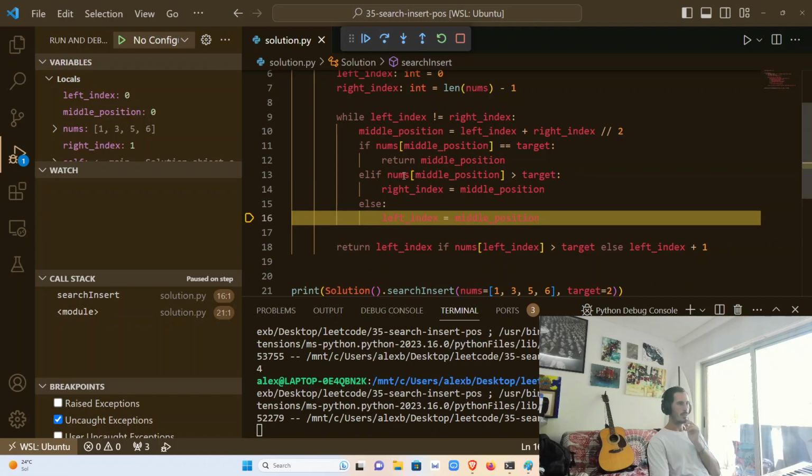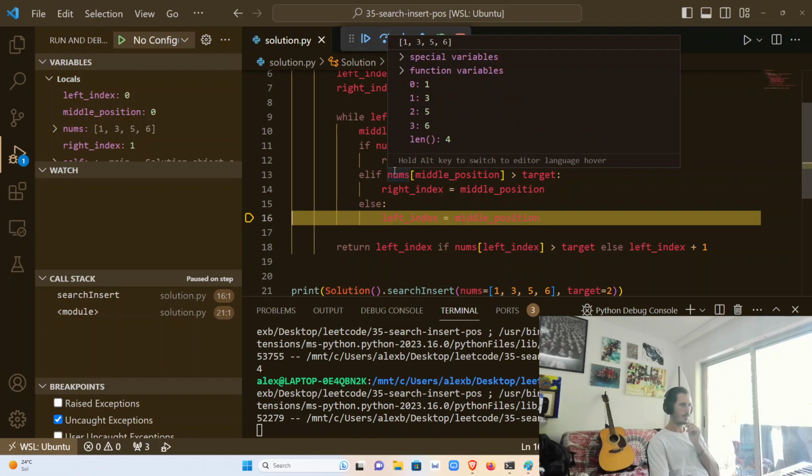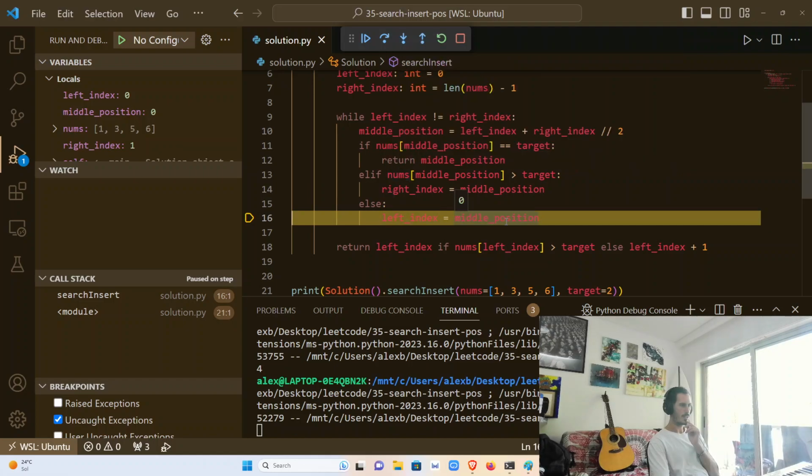So the nums of the middle position, which is 0, 1, is smaller than 2. Therefore, left index equals middle position. And it stays like this forever.